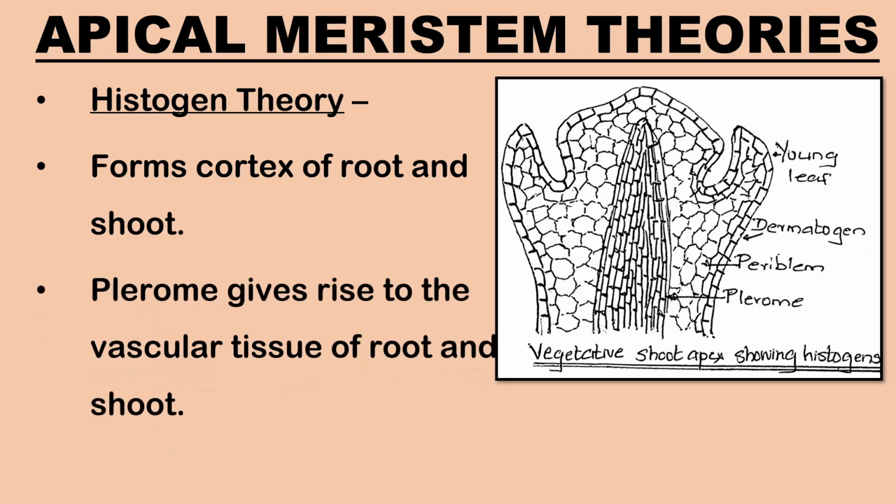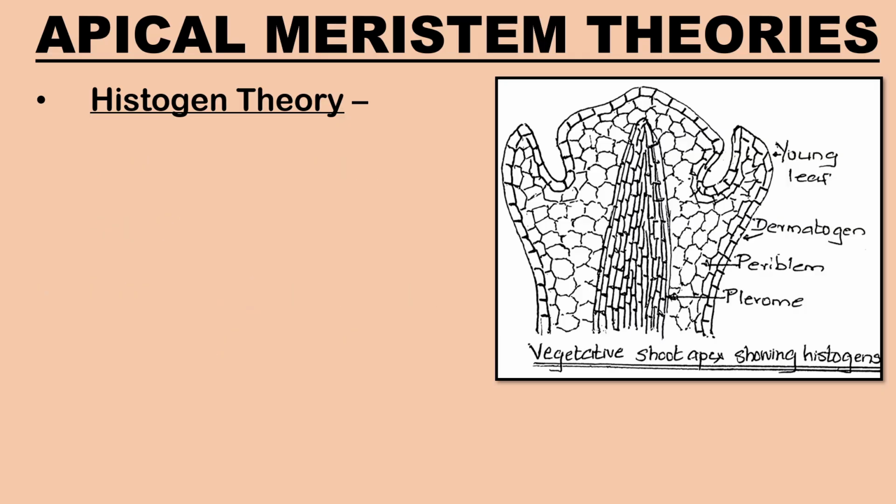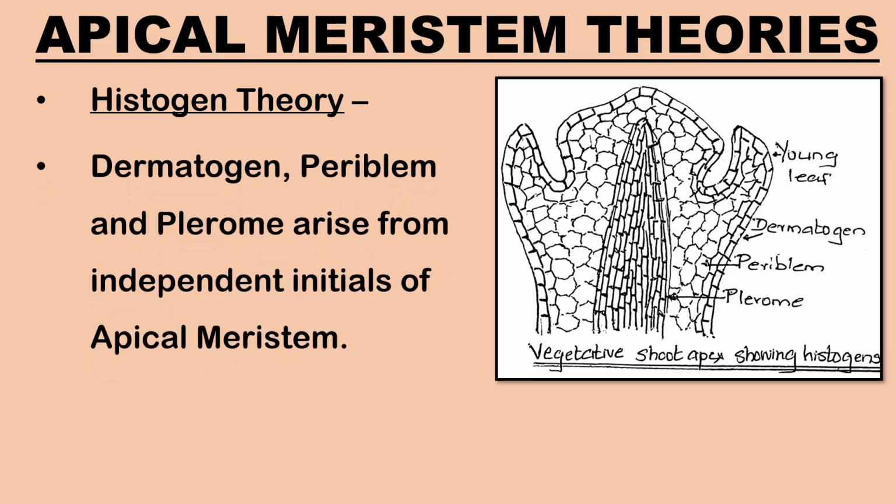Plerome gives rise to the vascular tissues of root and shoot. It also forms the pith. According to Hanstein, dermatogen, periblem, and plerome arise from independent initials of apical meristem.